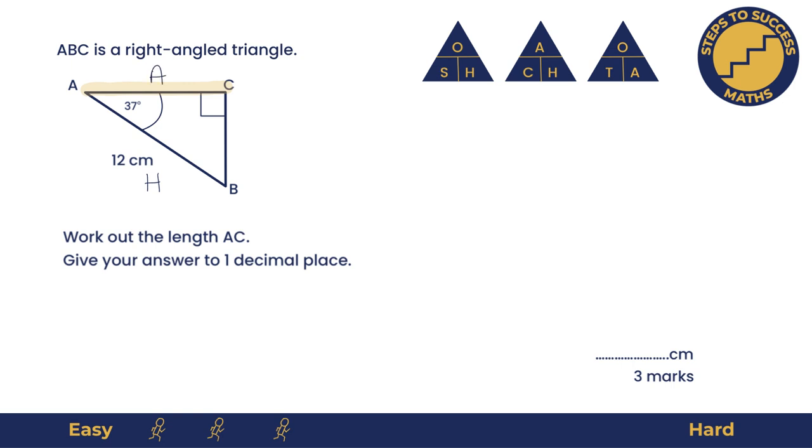It's next to the angle we want to find. So we've got A and H. So this time we're using cos. Now we want to find A, so we need to do cos times hypotenuse. So AC is equal to cos 37 times 12, or 12 cos 37.